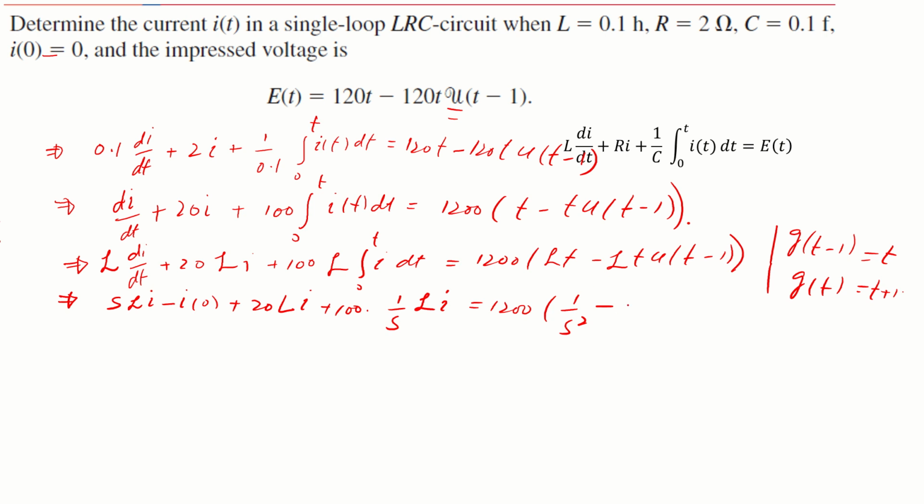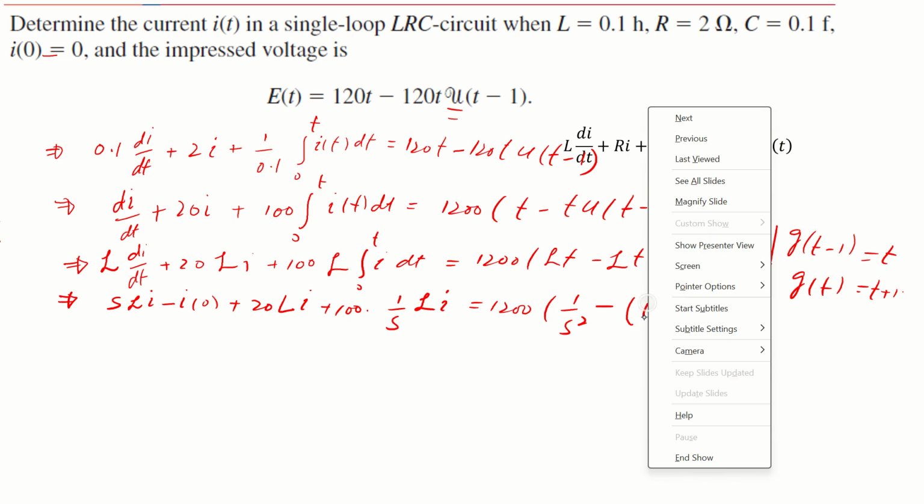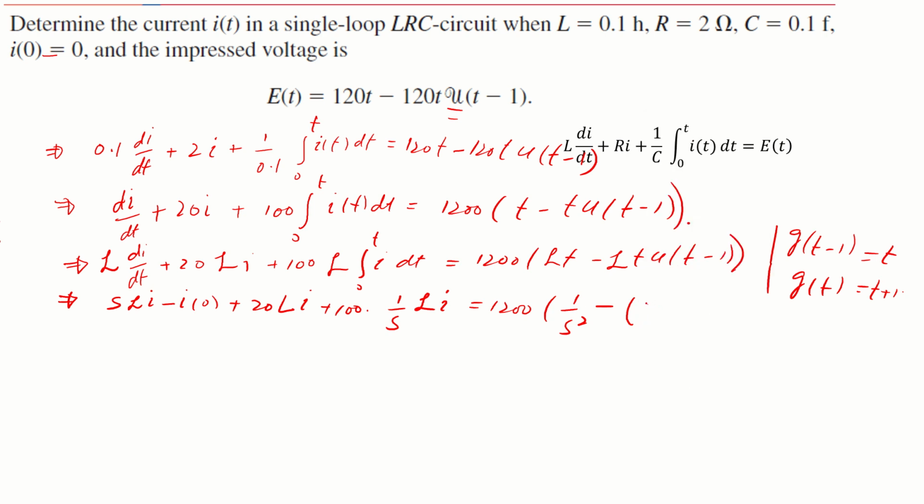That means we will be taking 1 over s squared plus 1 over s, and because of the unit step function, we will be taking e to the power minus s. Right? So that's the Laplace transform of t u(t minus 1).